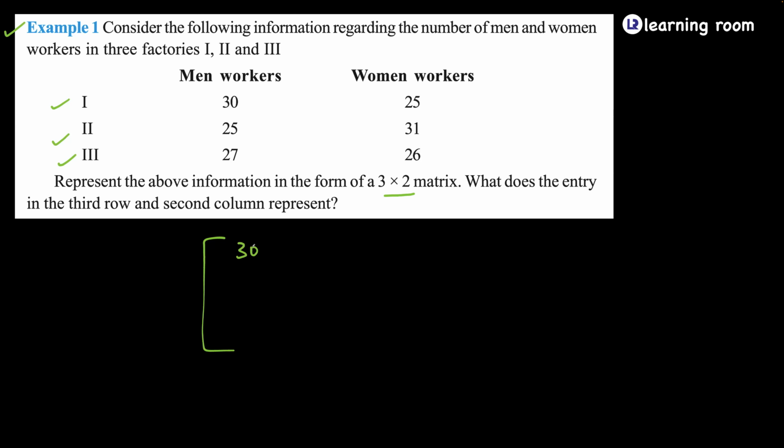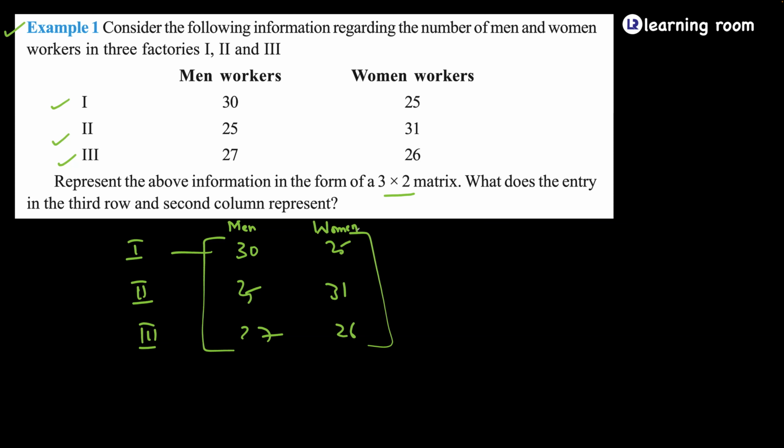So take 30, 25, 25, 31, 27, 26. This row belongs to the first factory, this to the second factory, and this to the third factory. Here it is going to be men, and here it is going to be women.